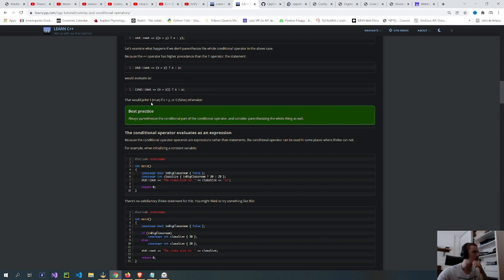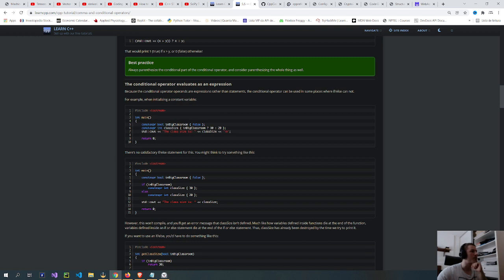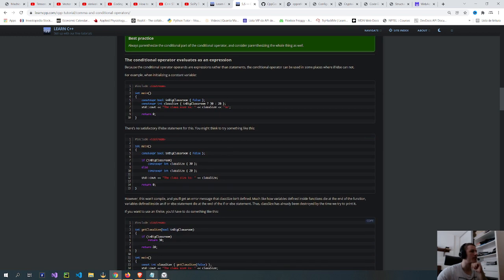That would print 1 (true) if x is bigger than y, or 0 (false) otherwise. So I have to wrap it in parentheses, maybe. Always parenthesize the conditional part of the conditional operator, and consider parenthesizing the whole thing as well. Yeah. The conditional operator evaluates as an expression.